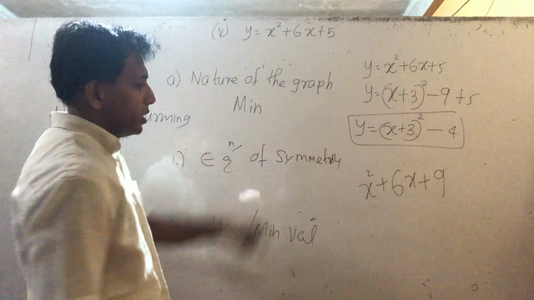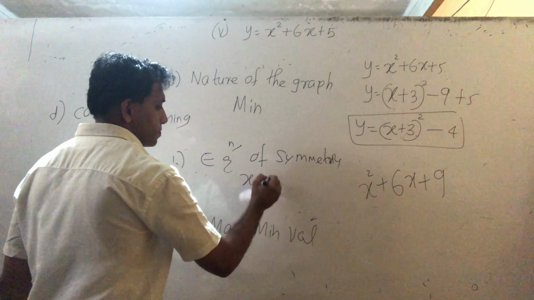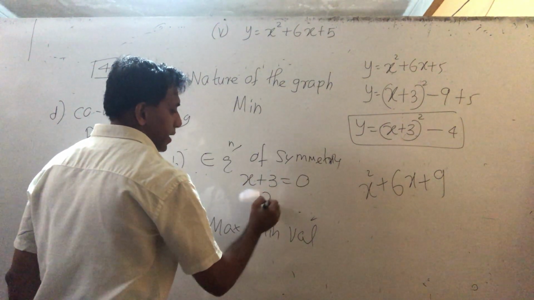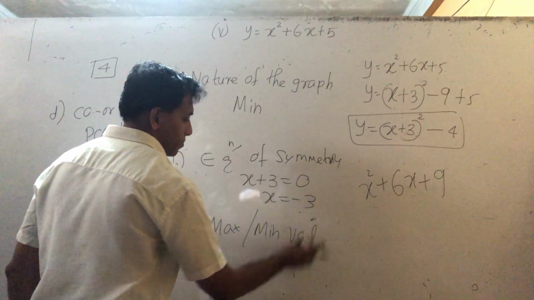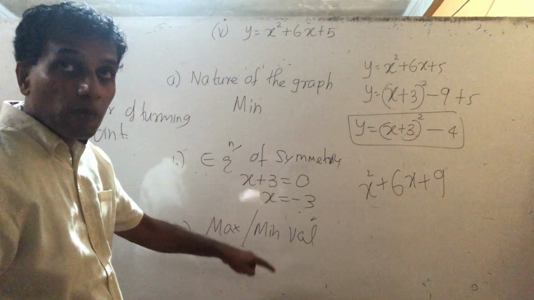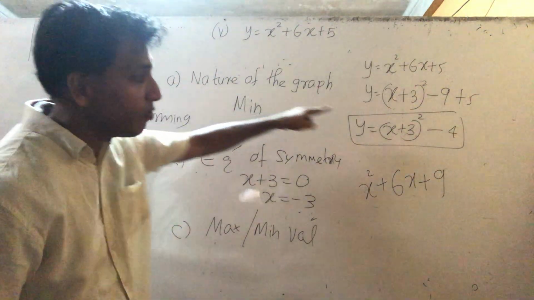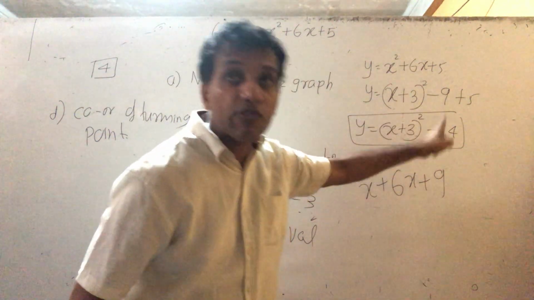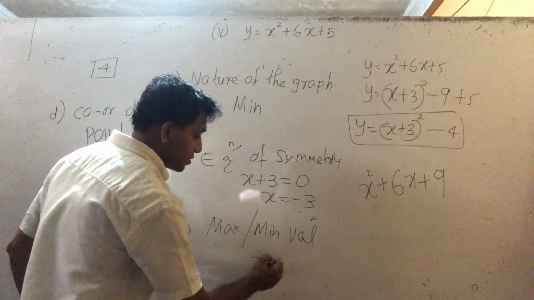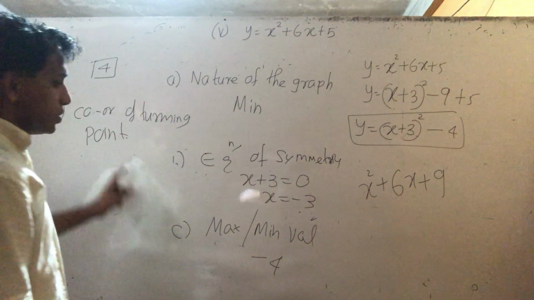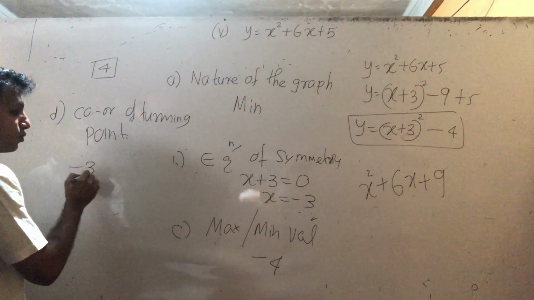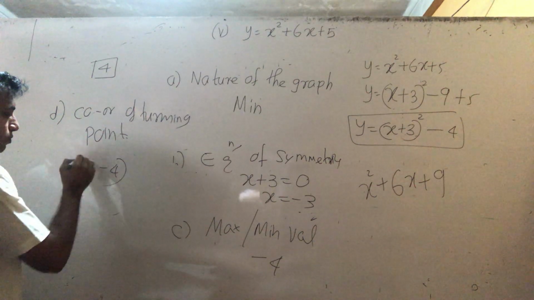Symmetric equation: make the bracket 0. Minimum value: we mentioned minimum, therefore the minimum value is minus 4. So the coordinate is (minus 3, minus 4).